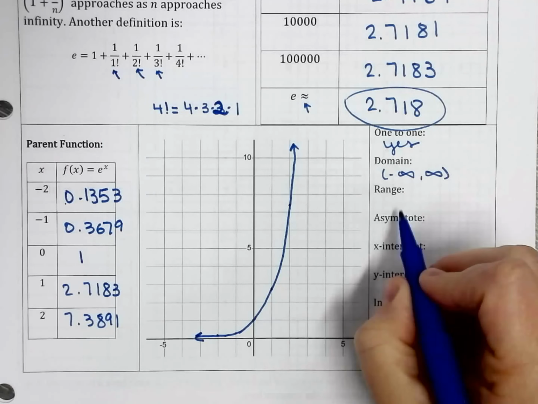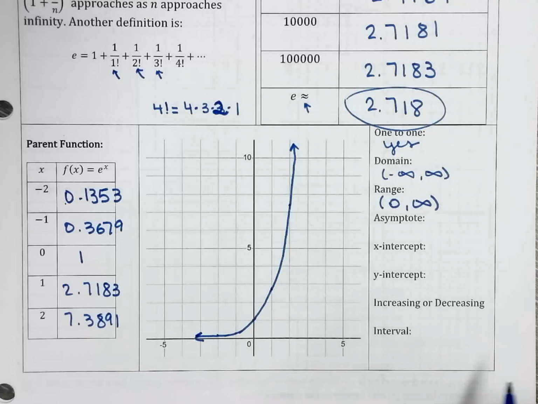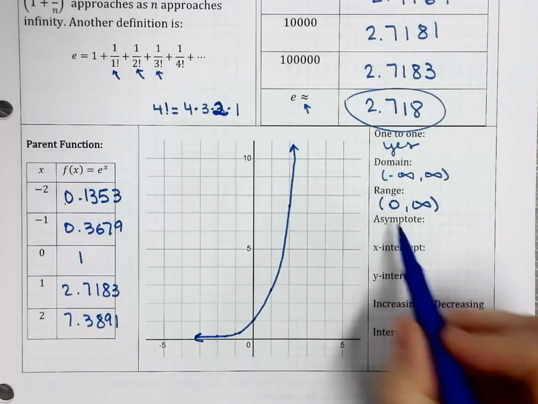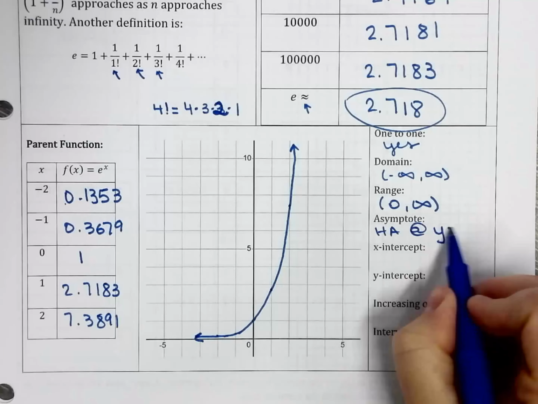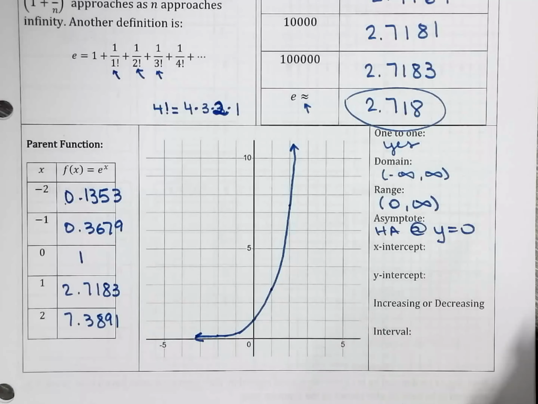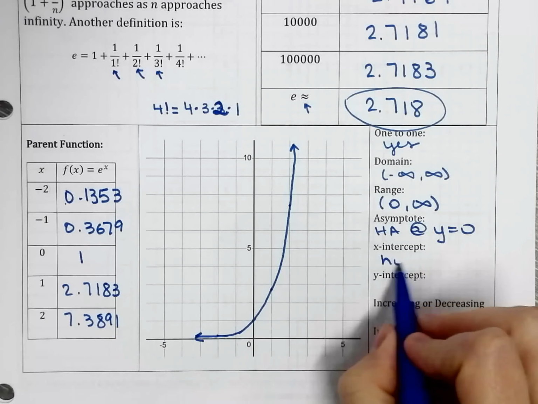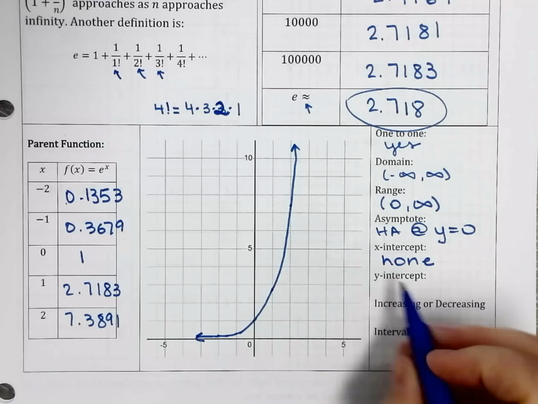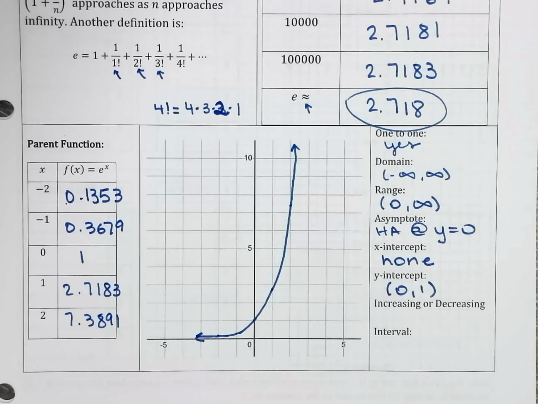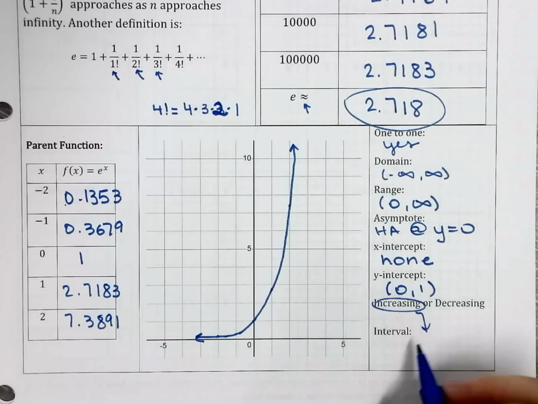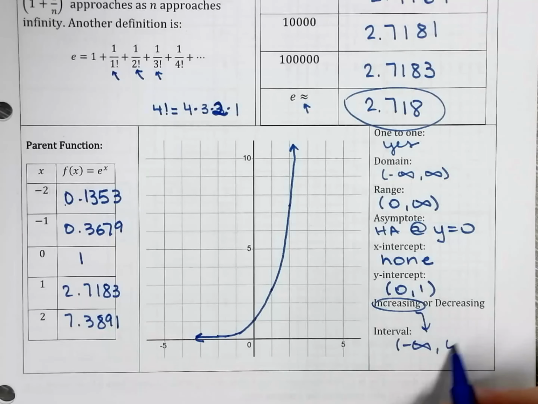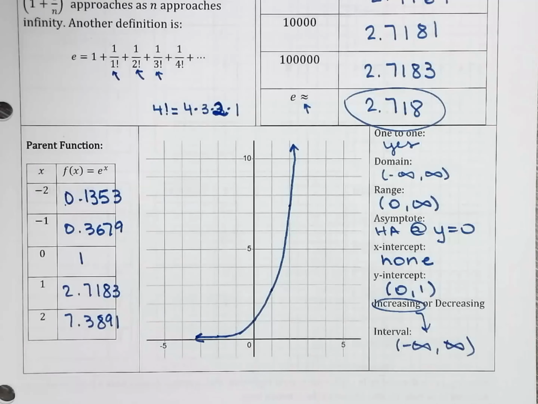Domain from -infinity to +infinity. Range from 0 to infinity, because it will approach 0 but will not include 0. Horizontal asymptote right at y equals 0. X-intercept, nope. It never crosses the x, but it does cross the y right there at (0, 1). Yep, increasing. Where? It's increasing from -infinity to, whoa, +infinity right there.